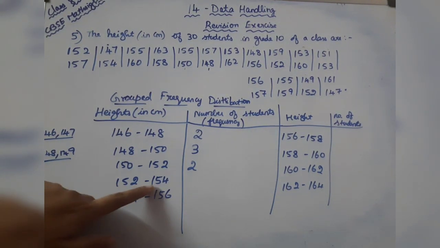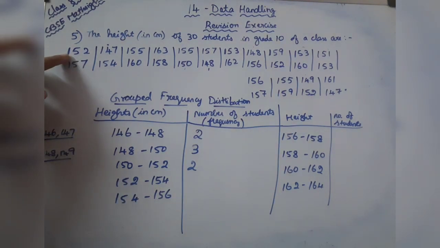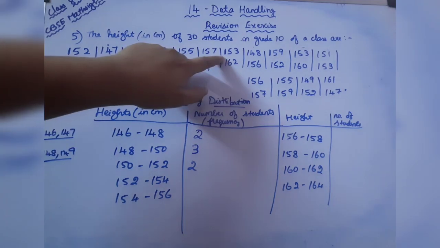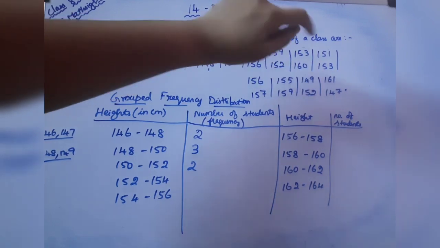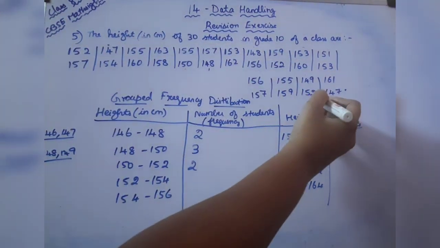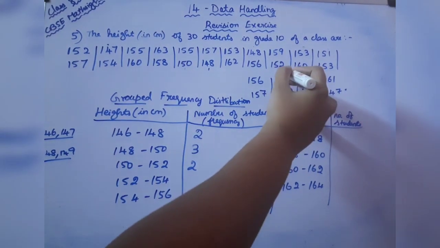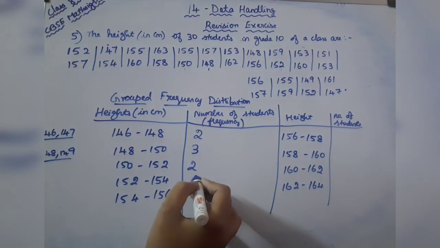Next 152 to 154, so I am going to take 152 and 153. So 1, 2, 3, 4, 5 and 6. We can see totally 6 values for 152 and 153.